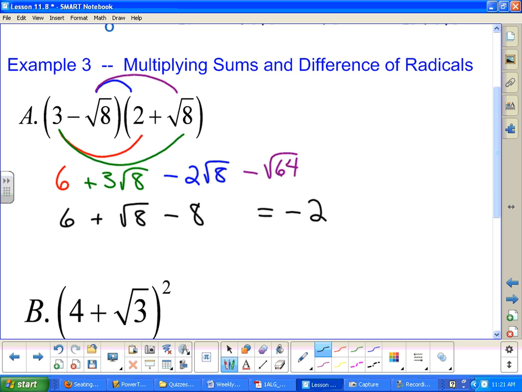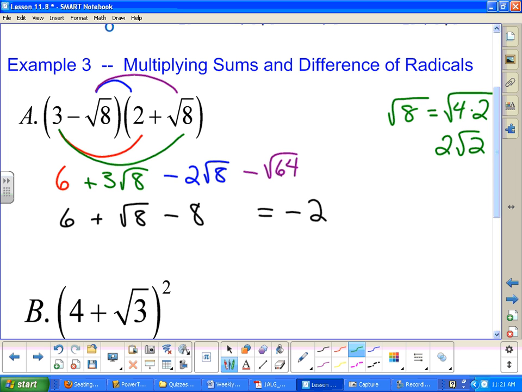Can we simplify the square root of 8? Okay, that should be one of them that you know. We were talking about that the other day. So we have the square root of 8. That's the square root of 4 times 2, or 2 square roots of 2.